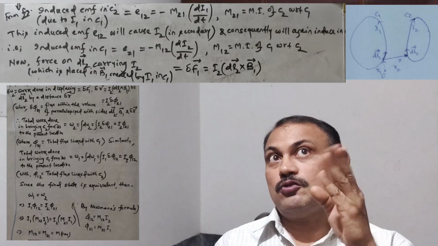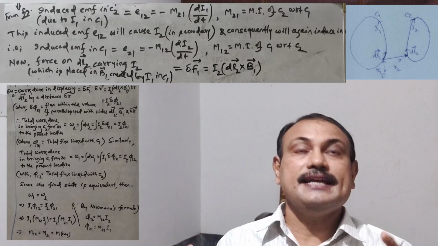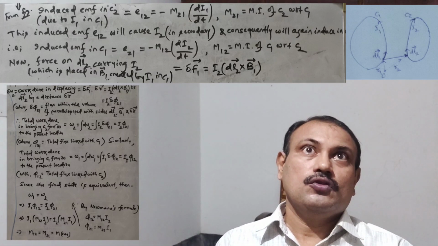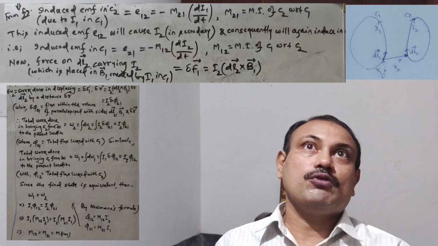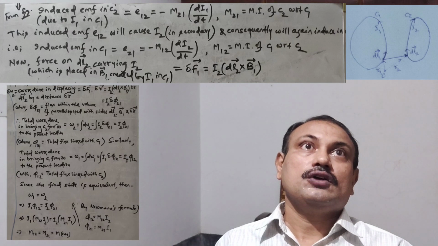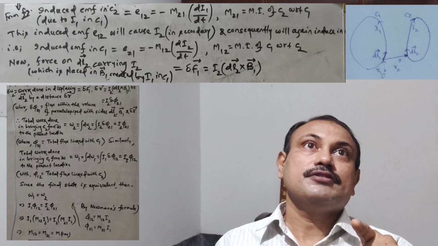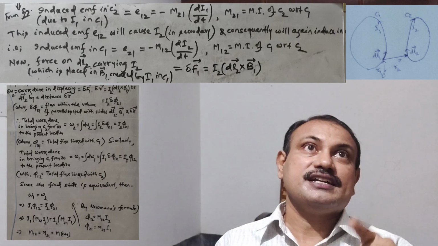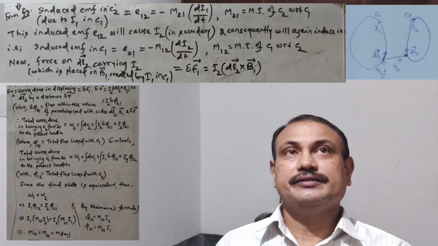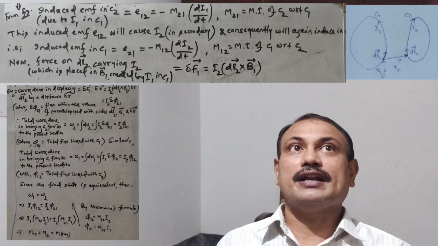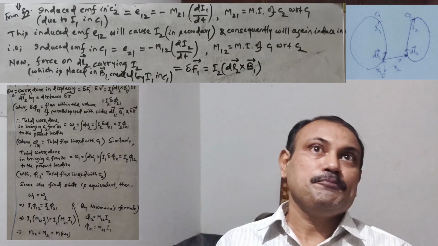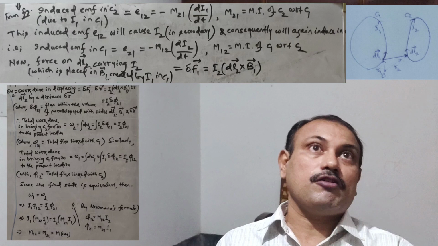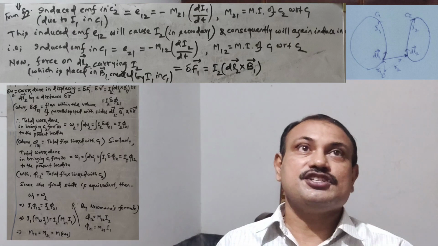So our total work done in bringing C2 from infinity to the present location, W2, must be equal to the integration of dW, which we can write as the integration of I2 times delta phi 21. If you integrate this delta phi 21, that will be equal to I2 times phi 21, where phi 21 is the total flux linked with the coil C1.